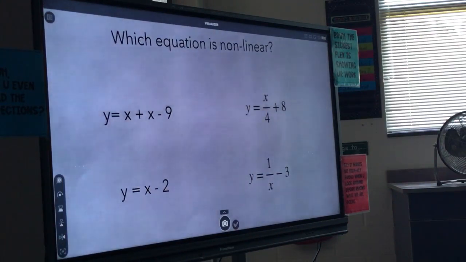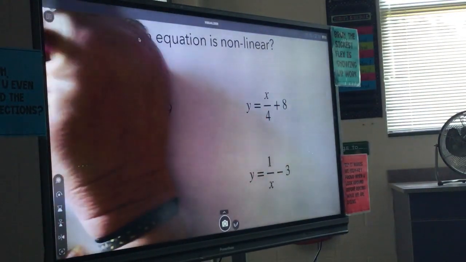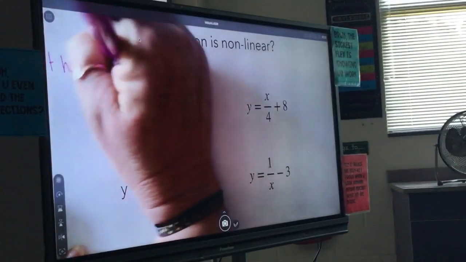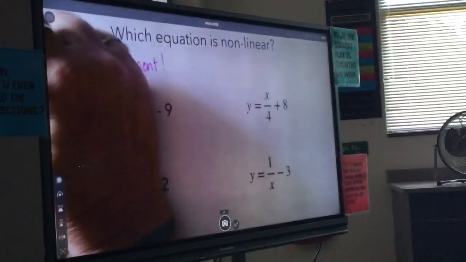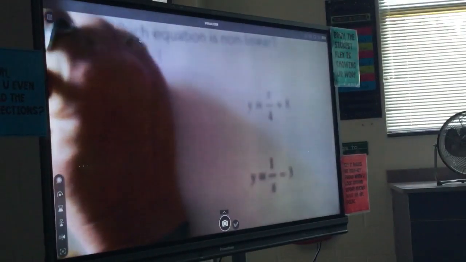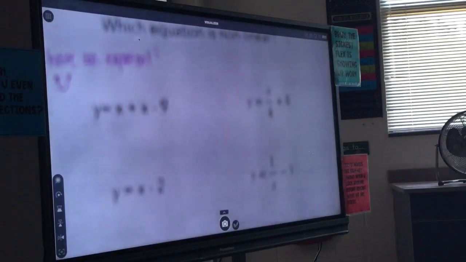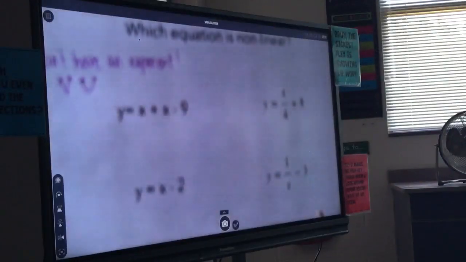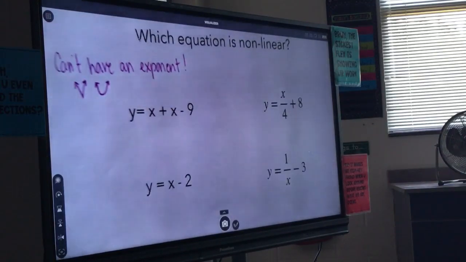So what was one of those? Can't have an exponent. Okay, so it can't have an exponent. And if it has an exponent, the graph is going to look like this, or like this. Okay, what else can it not have? Why is this blurry? Ryan. Can't divide by x. Okay.